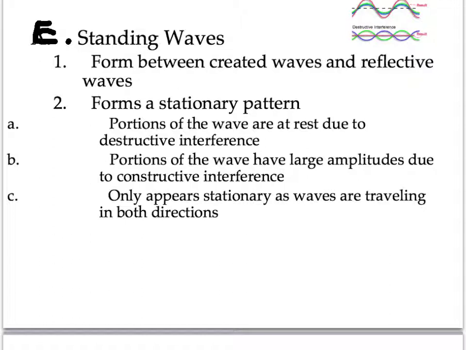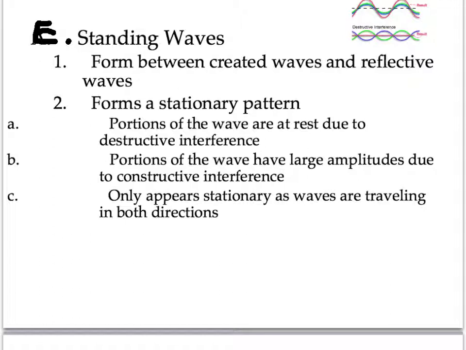The next item is called standing waves. These are going to form between waves that are currently being created and waves that are reflecting. When they meet, it forms what we call a stationary pattern. So this is where portions of the wave are at rest due to destructive interference, meaning that when one wave is wanting to go up, the other is wanting to go down, and therefore they kind of get stuck in the middle.